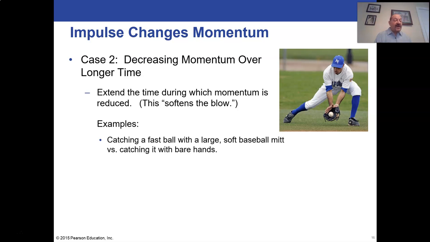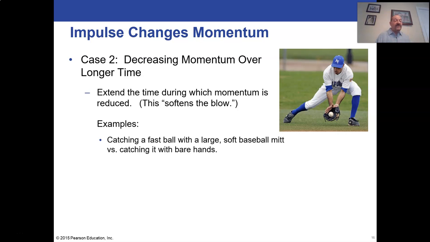Why? Because a soft mitt requires the ball to come in and go through the mitt before it stops. And that soft padding of the mitt requires the change of momentum to happen over a slightly longer period of time than if it just hit your hard hand.